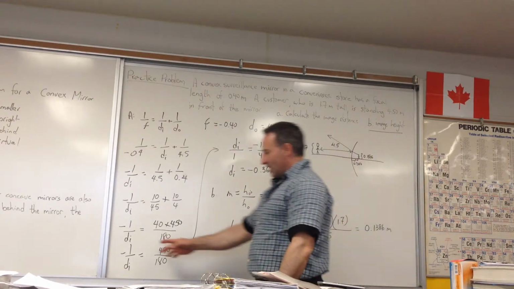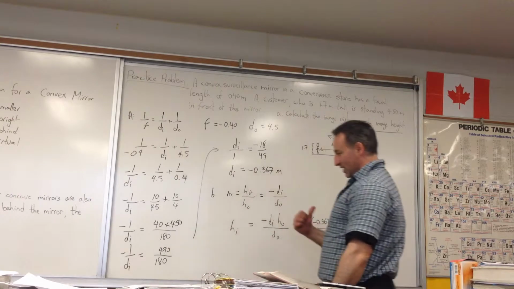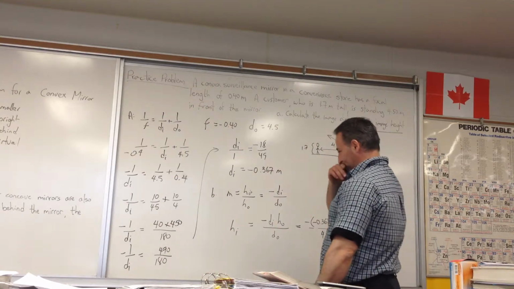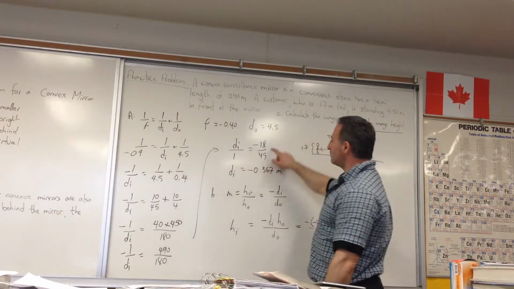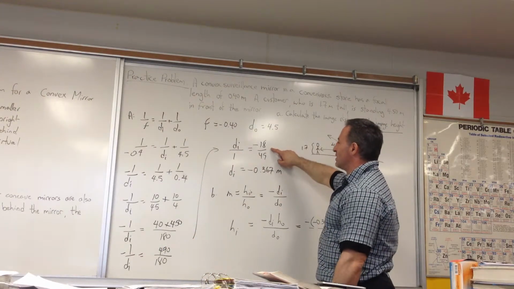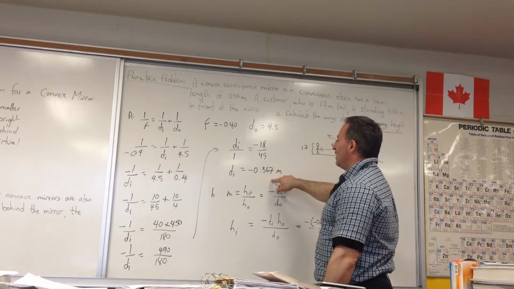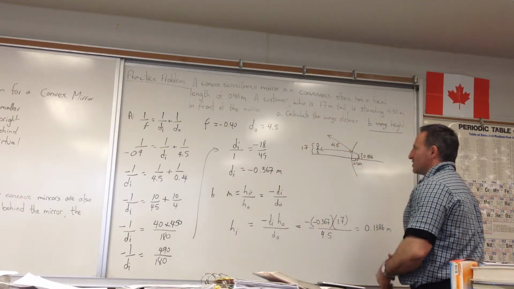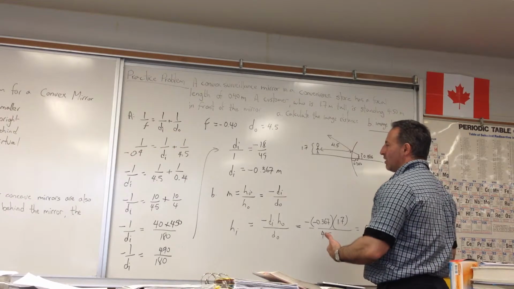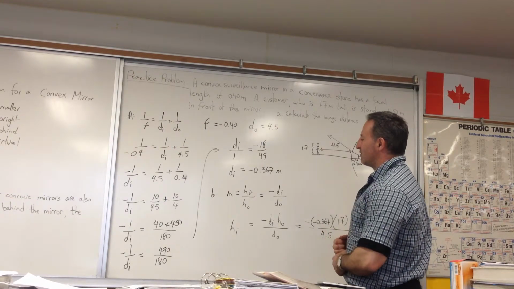Now, given that 1 over di is a negative number, we then transfer the negative number to the other side, and then we flip both fractions to find out what di is. And that gives us di over 1 is equal to negative 18 over 49. Using our calculators, we found that that equals 0.367. So that tells us that the distance of the image is behind the mirror, and that it is 0.367 meters.